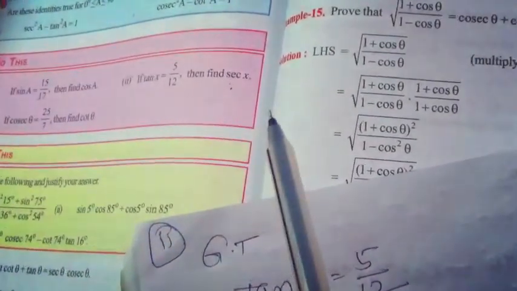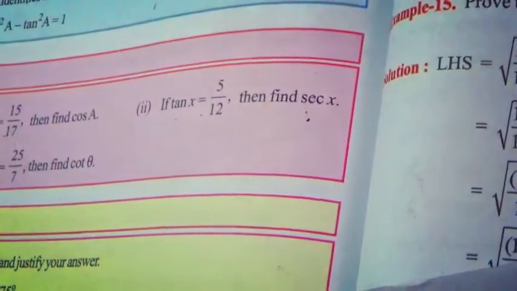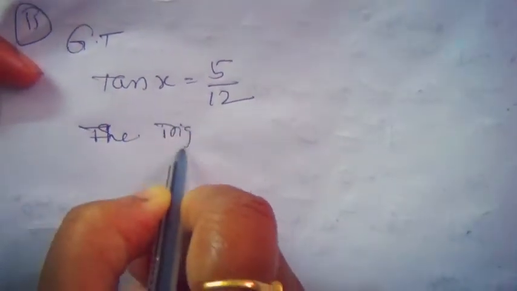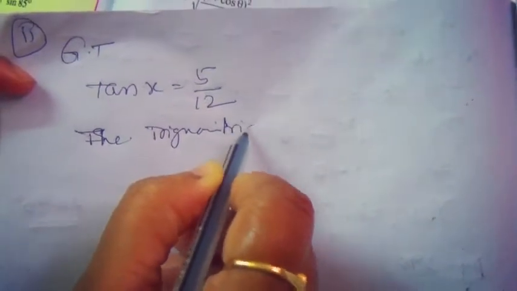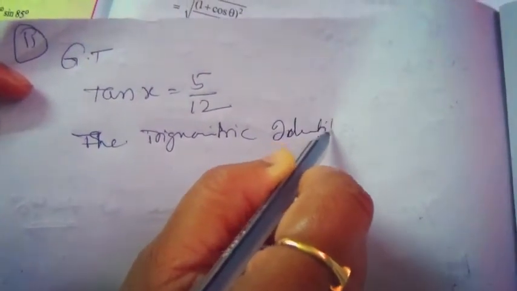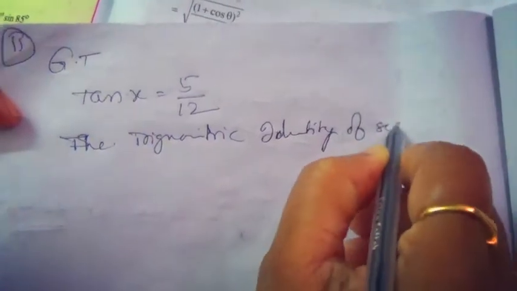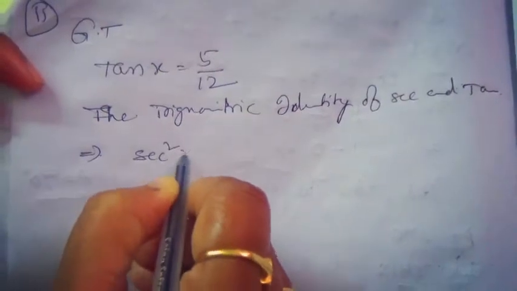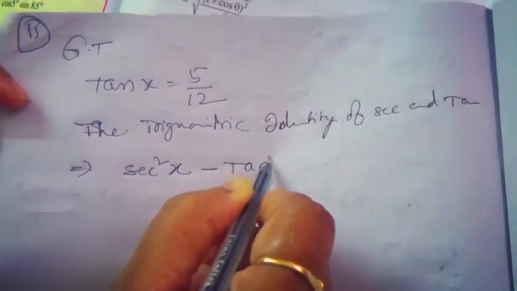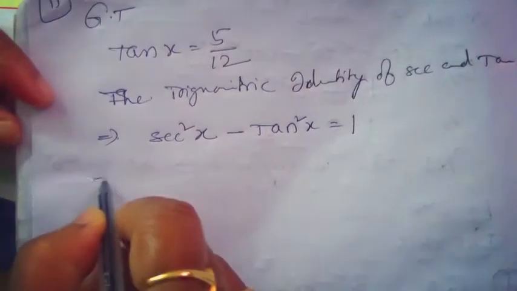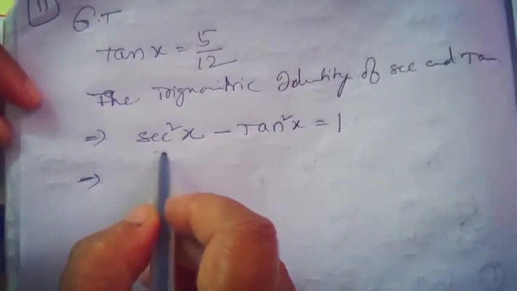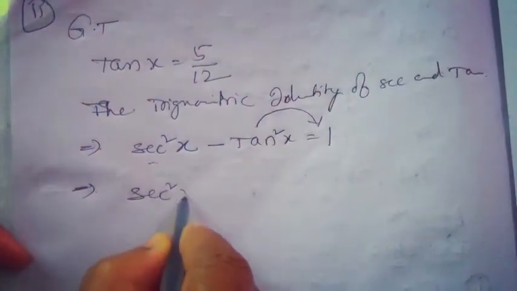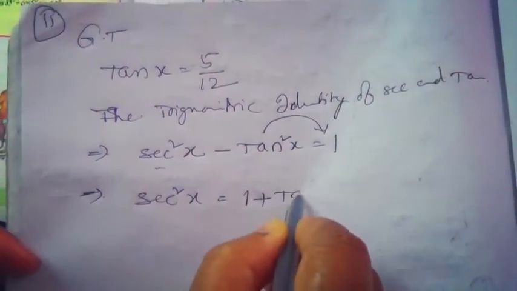We have one trigonometric identity of secant and tan: secant square x minus tan square x is equal to 1. We want secant square x, so we take this tan square x. So secant square x is equal to 1 plus tan square x.